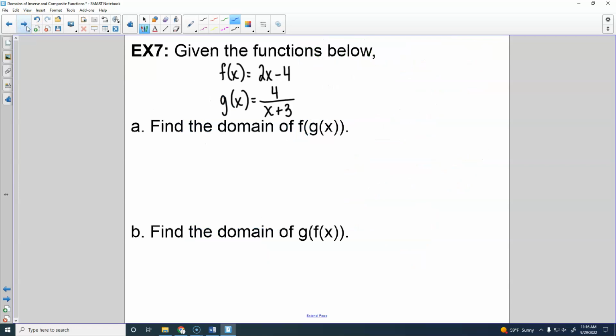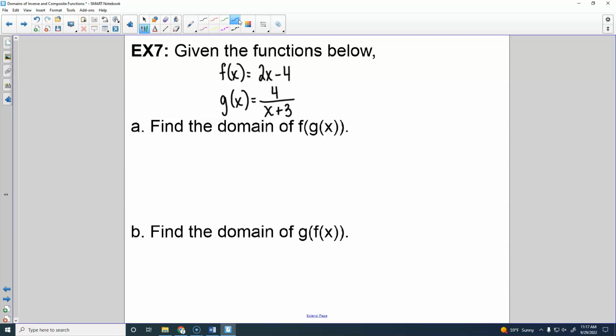All right, here's our next one. For all of these, I'm asking you f of g of x and g of f of x so that we see that they could be the same, but they're not always the same.